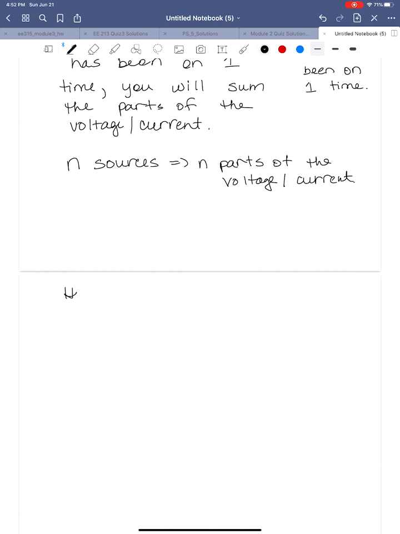So, how to turn off a source. Let's think about what we want to occur when we turn a source off. If we have a voltage source, we want that voltage source to have 0 volts. So if we have an independent voltage source, Vs, right now this is on.